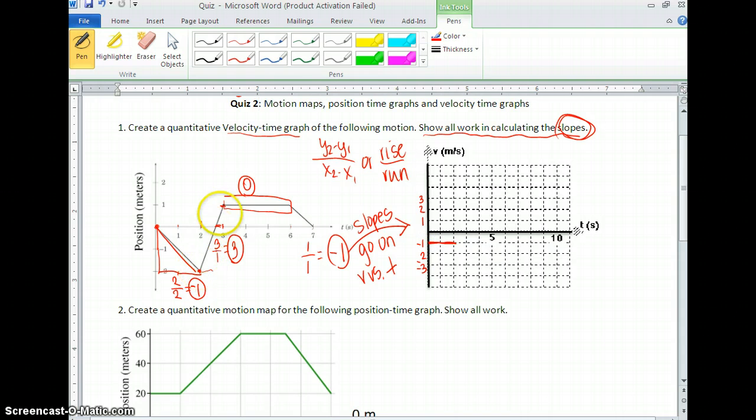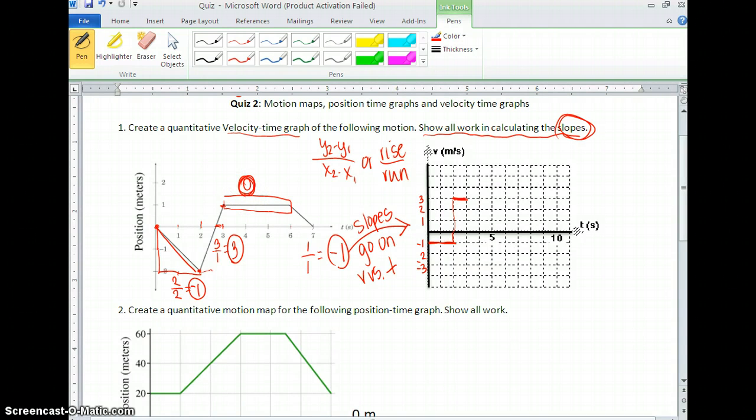Then from 2 to 3 seconds, it had a slope of 3. So now I need to go all the way up to the 3 line, and from 2 to 3 I'm drawing a flat horizontal line to show that it has a slope of 3. Next, I need to go to the 0 line.